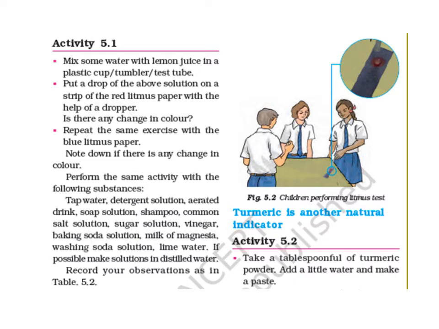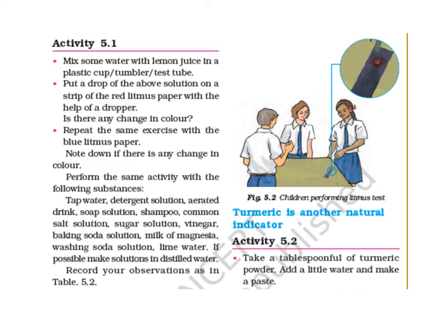This is the activity. And then you have to make one table. It is given below. Table number 5.2. Make a list in the second column, test solution. Under the test solution you have to write down the names of the substances you have used, and then the effect of red litmus paper on it. You have to note down here, if red litmus paper changes to blue color, that you have to mention here.